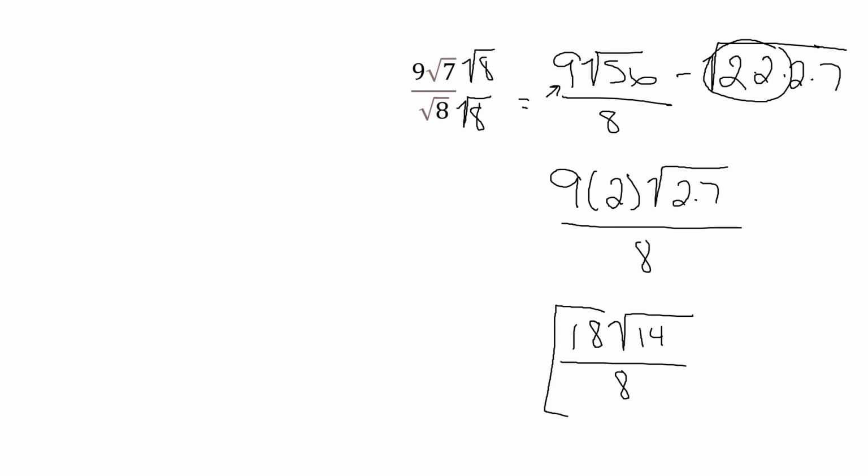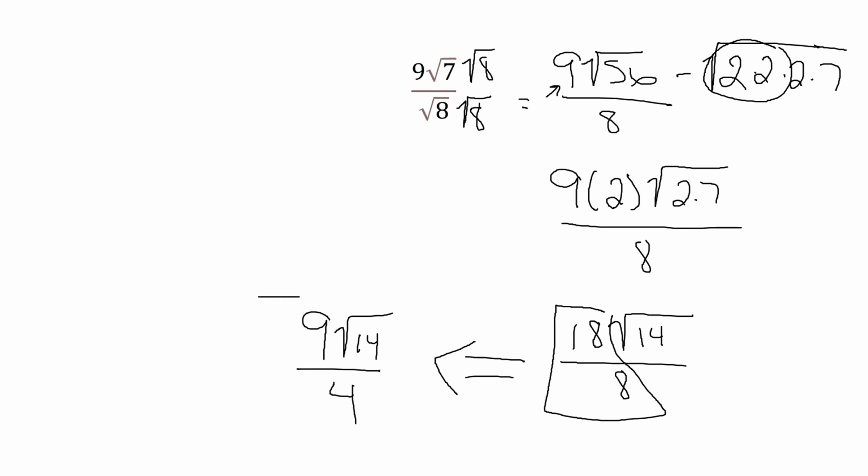Now, this can reduce. They're both even. They can both be divided by 2. 18 divided by 2 is going to be 9. Radical stays. 8 divided by 2 is 4. So my totally solved answer is 9 square root of 14 over 4.